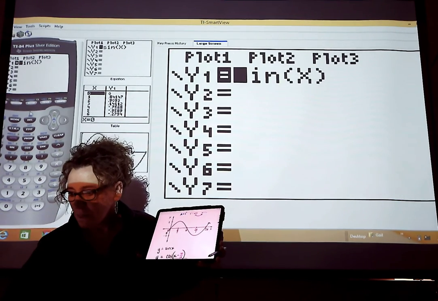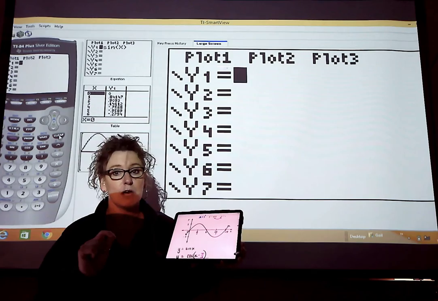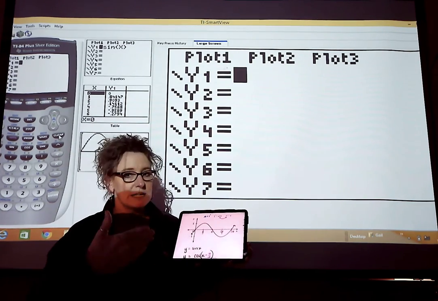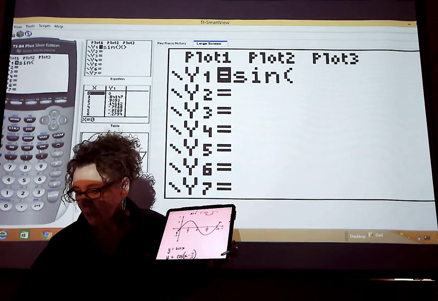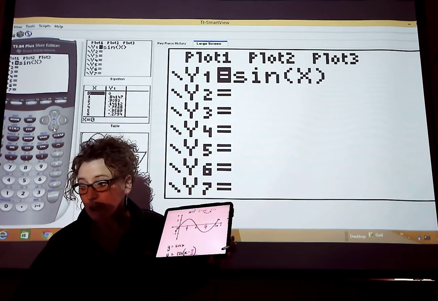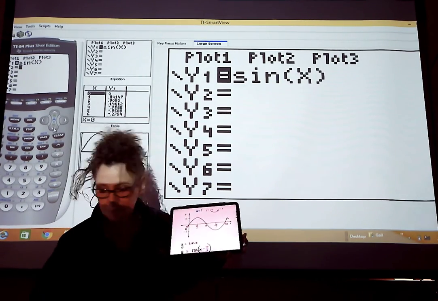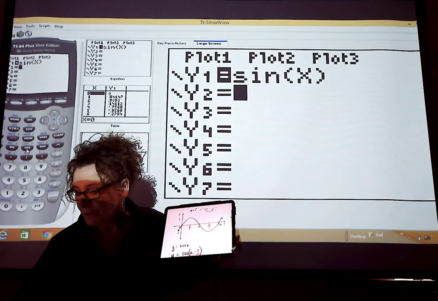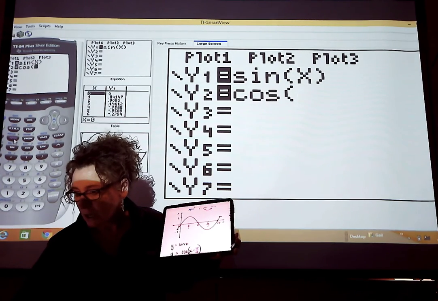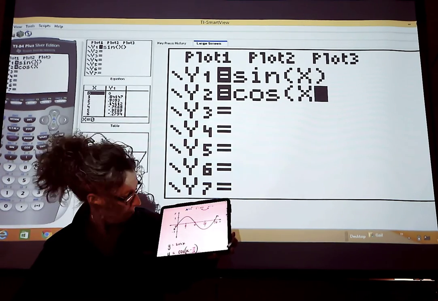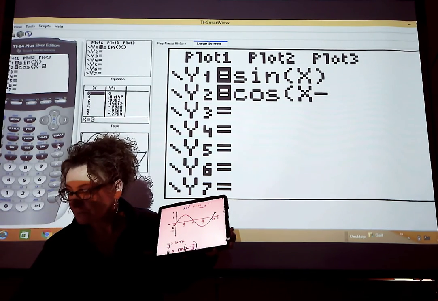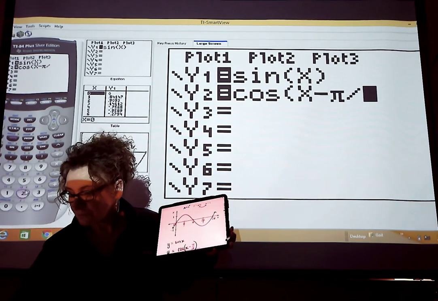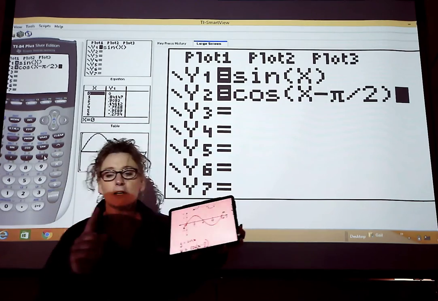I want it to do both equations, so I'm going to retype it. I'm going to put sine x in my first one, sine x, close. Then I'm going to go down and put cosine parentheses x minus pi over 2, close parentheses.